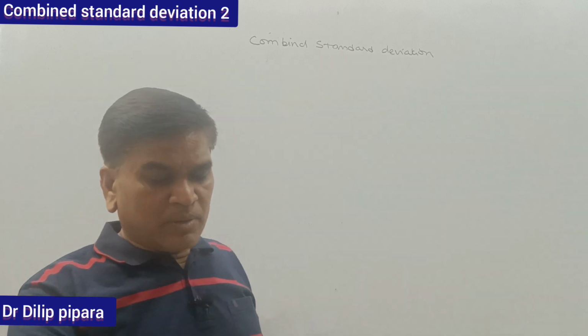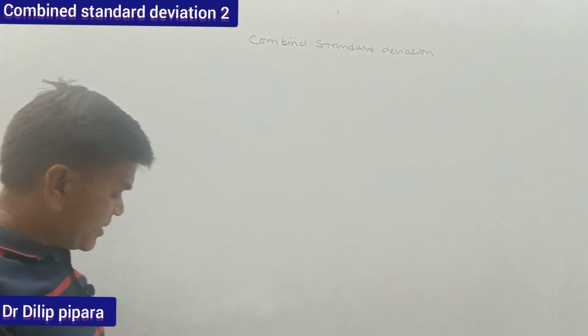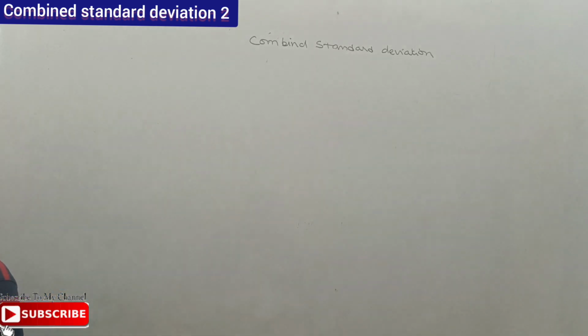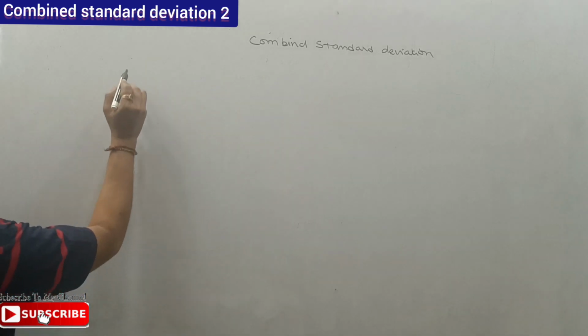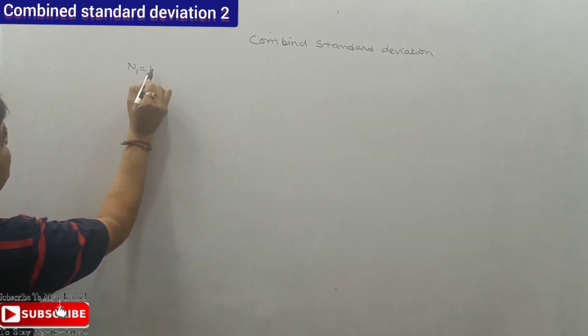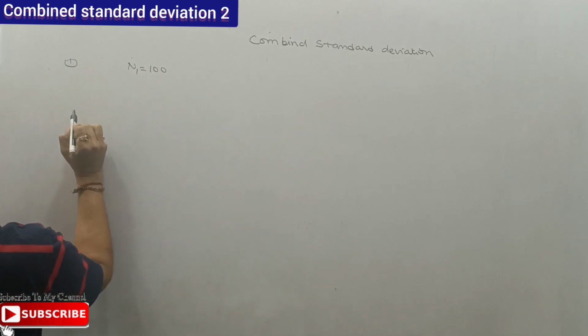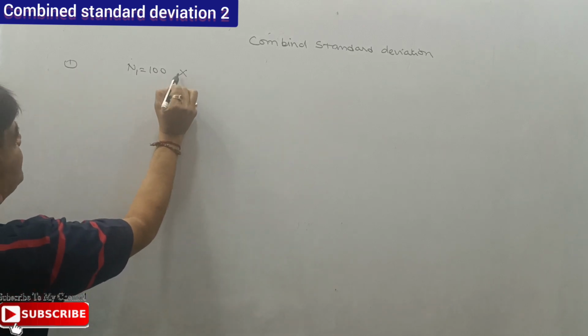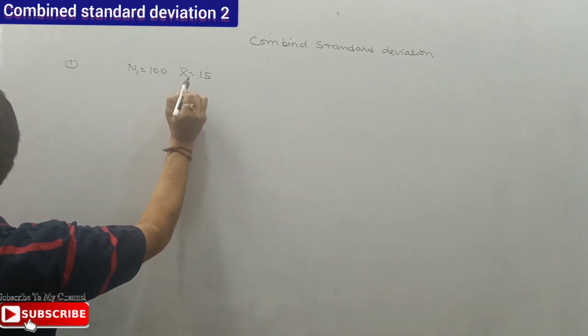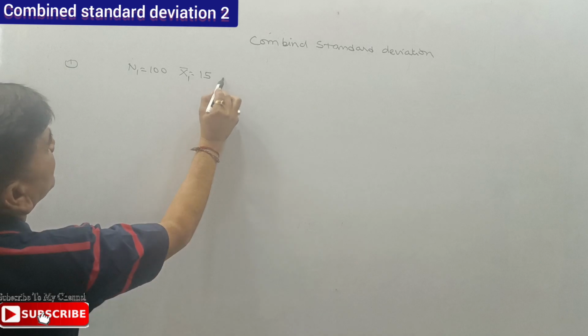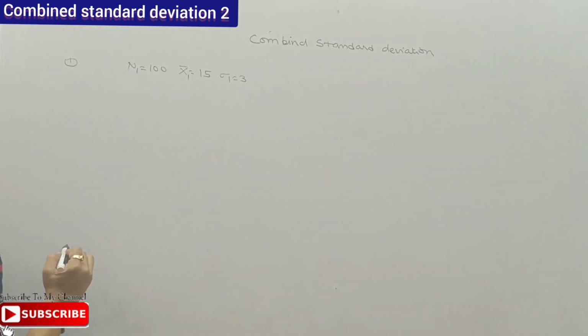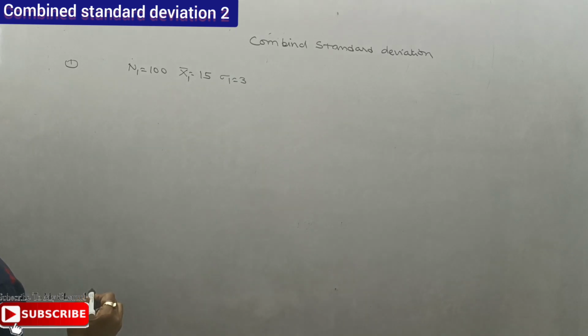Okay, so one question I have is on two subgroups. One subgroup has 100 items, with arithmetic mean 15 and standard deviation 3.